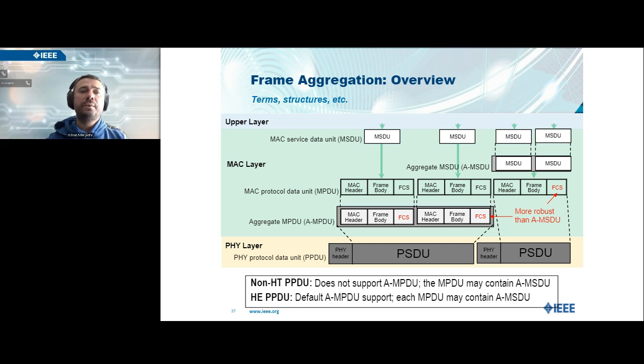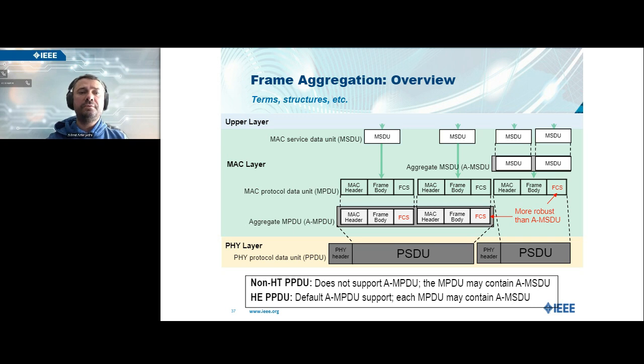And of course, A-MPDU also allows a station to aggregate other types of MPDUs in the same A-MPDU, for example, control frames, management frames, and so on, which is not possible with A-MSDU aggregation.